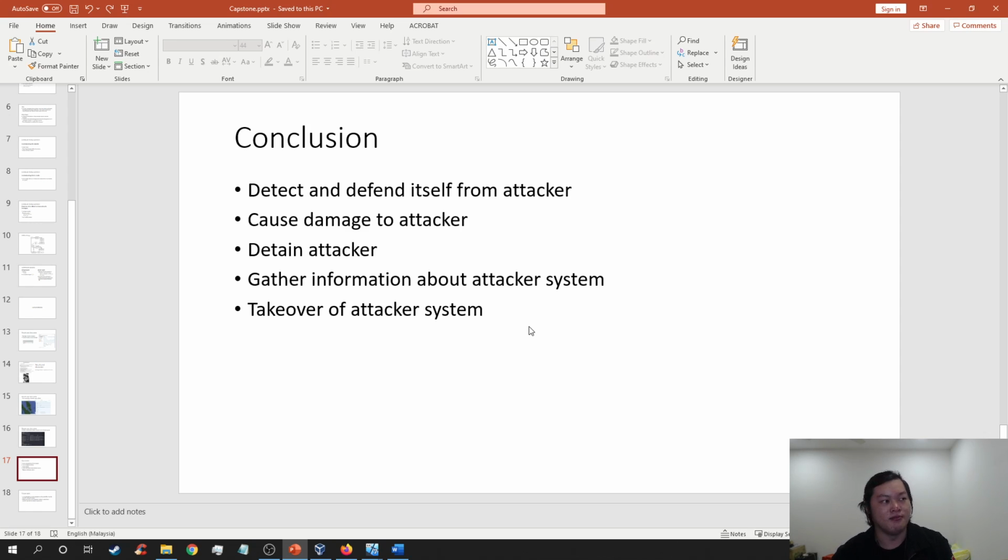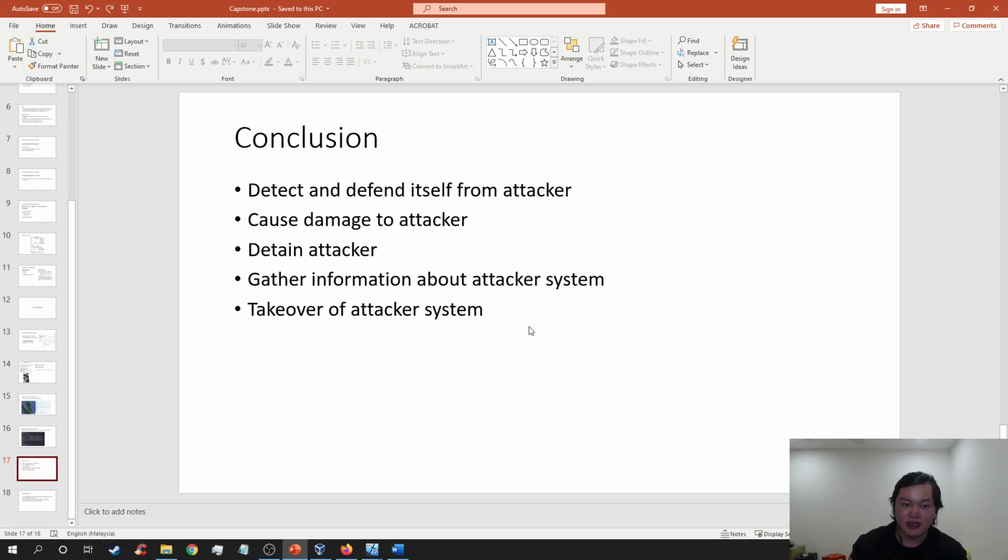It also has the ability for us to actually detain the attacker, because by knowing the IP details of the attacker, like in that case the internet provider, we can, with a warrant, go and ask the internet provider to give us more exact details about the attacker, and we can detain the attacker in that case.